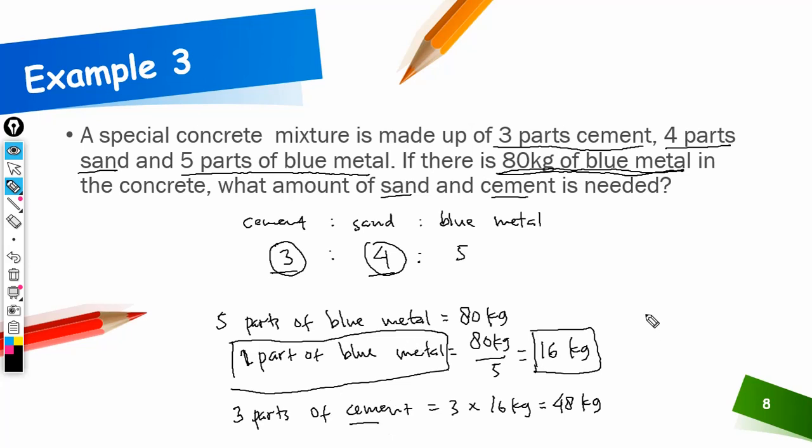Also for the sand, the proportion is 4, so 4 parts of sand is 4 times 16 kilogram, which is 64 kilogram. So we need 48 kilogram of cement and 64 kilogram of sand.